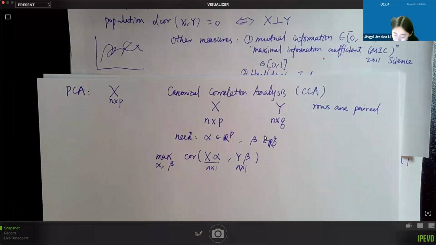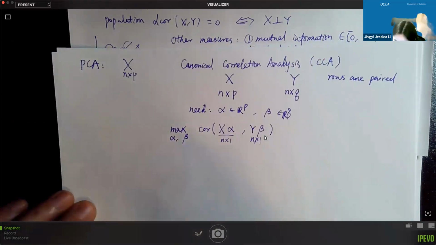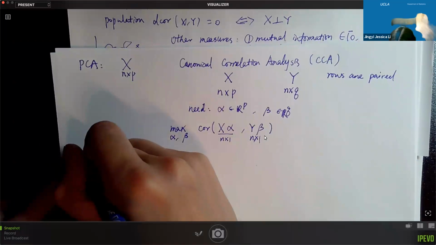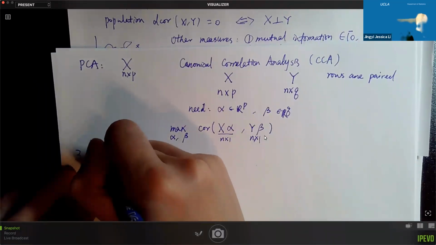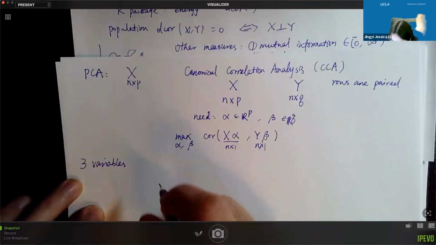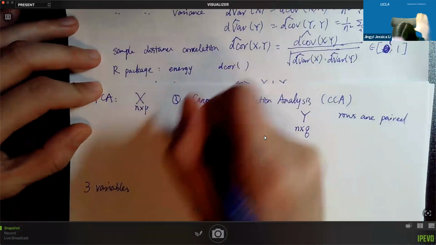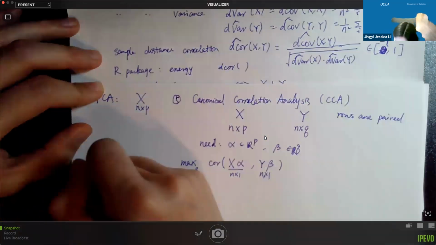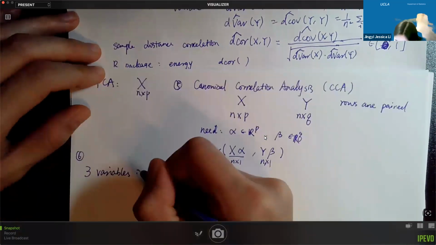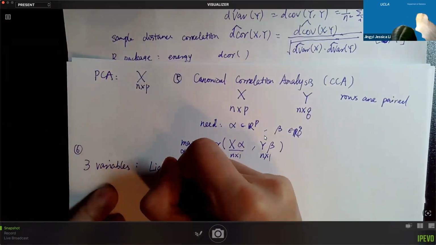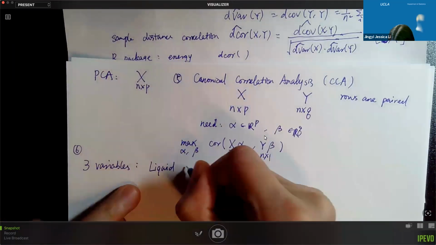This is called liquid association. Let's move on to three variables. CCA I would call number five, and I'll call this number 6. For three variables, we're going to talk about liquid association.